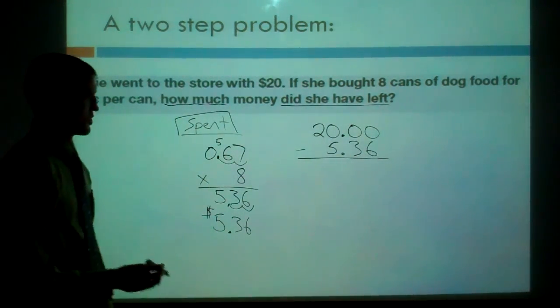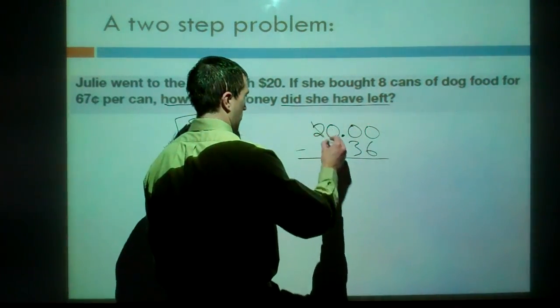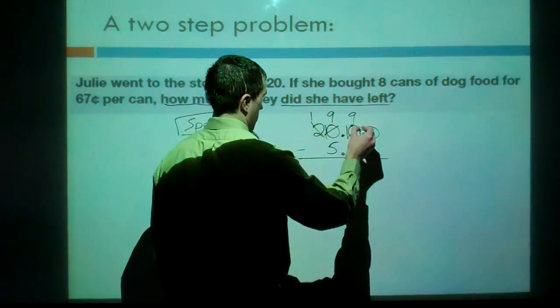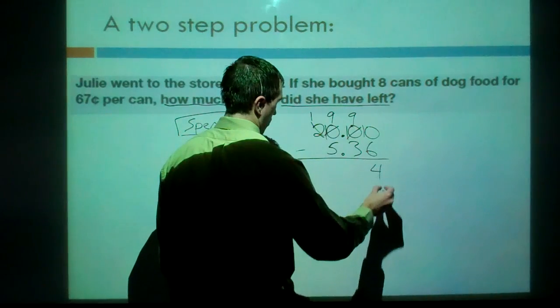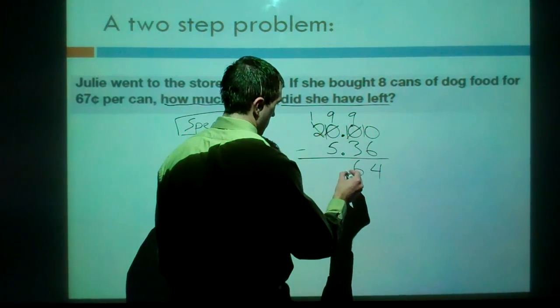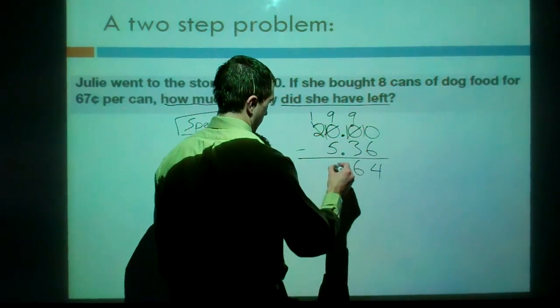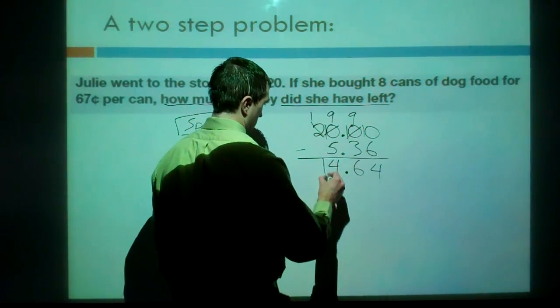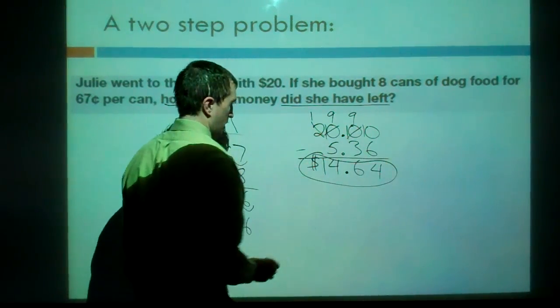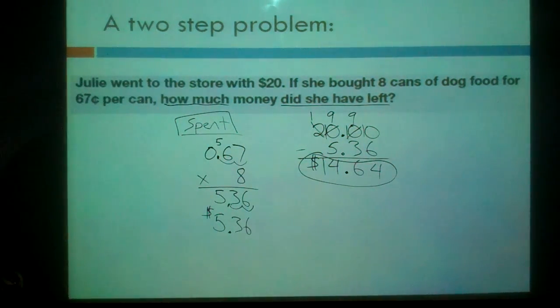So we're going to have to go all the way to this 2 and borrow 1. 10 minus 6 is 4. 9 minus 3 is 6. And 9 minus 5 is 4. And 1 minus 0. So $14.64 is what she had left.